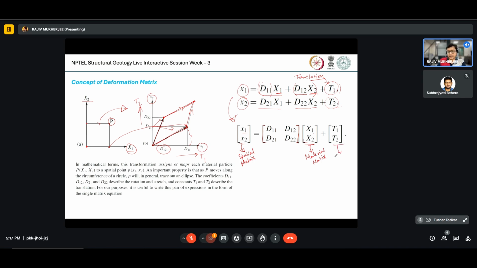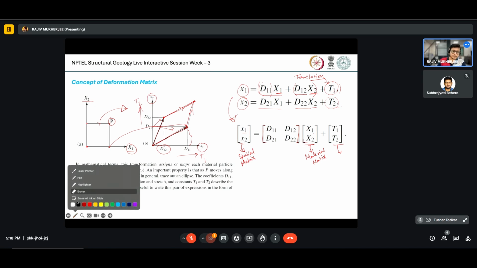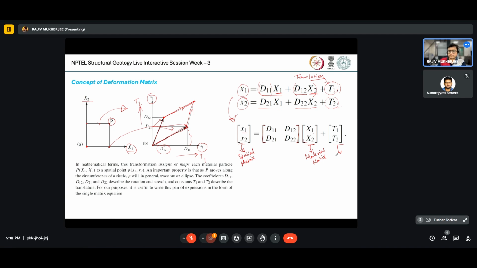This is the translation matrix. And finally, the coefficients of this material matrix form the deformation matrix.